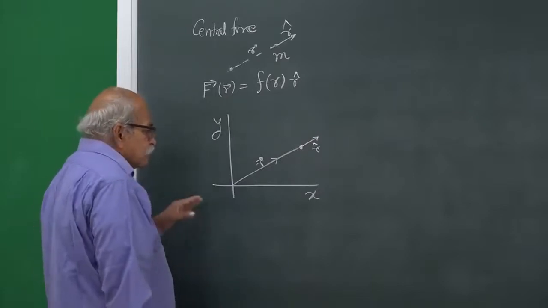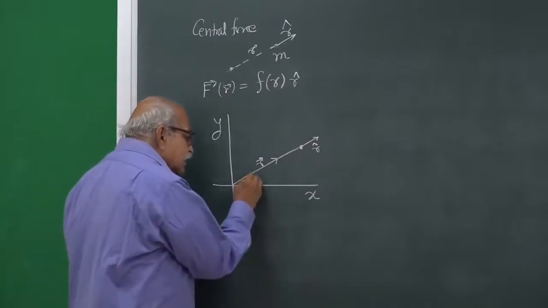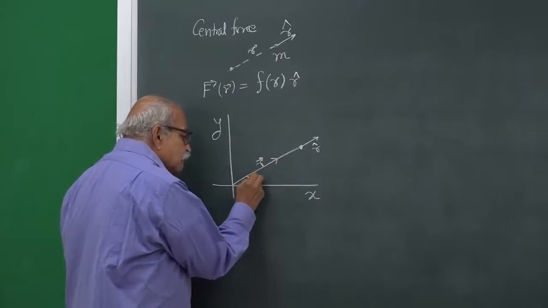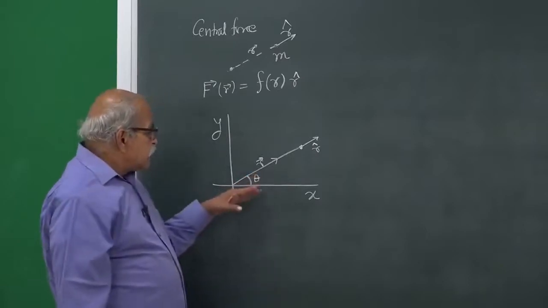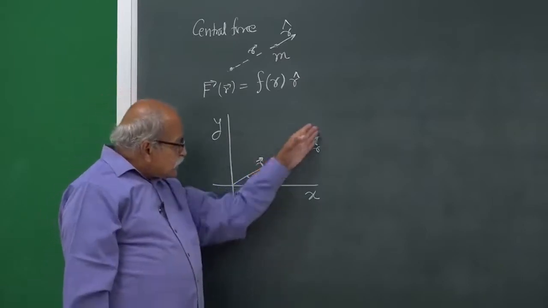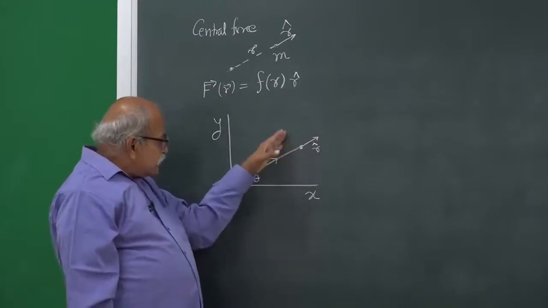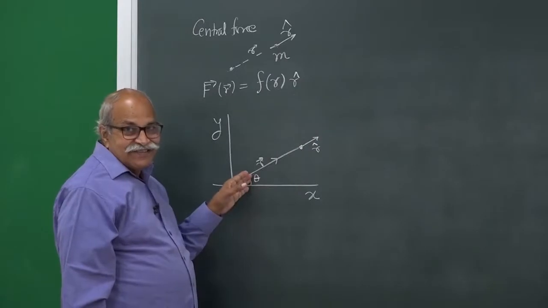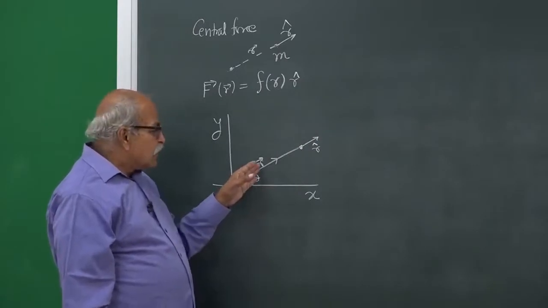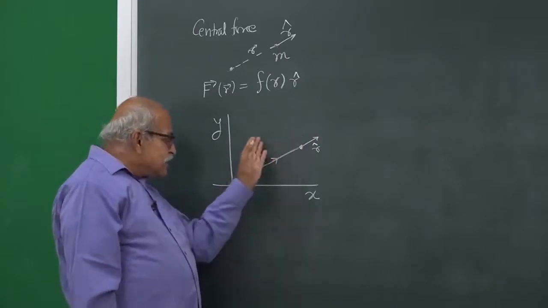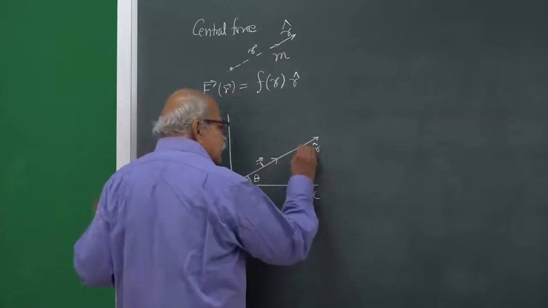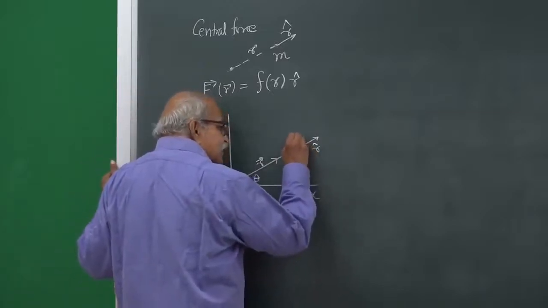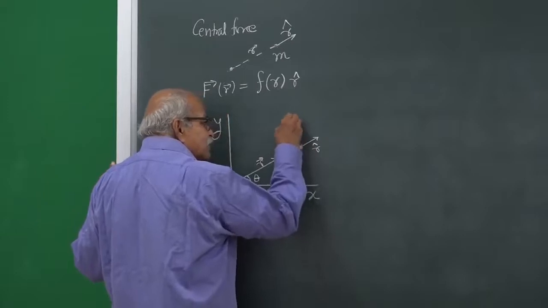Then this angle I can call theta. If you do not increase the distance, but turn it so that this theta increases, that is the direction in which r is not changing but theta is increasing, perpendicular to this. This direction is known as the theta cap direction.